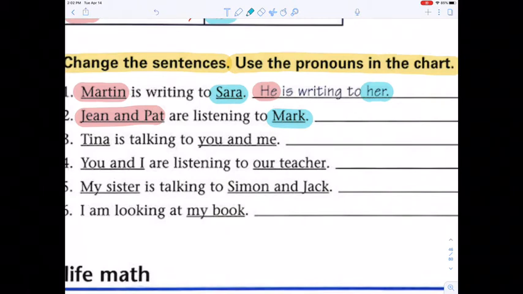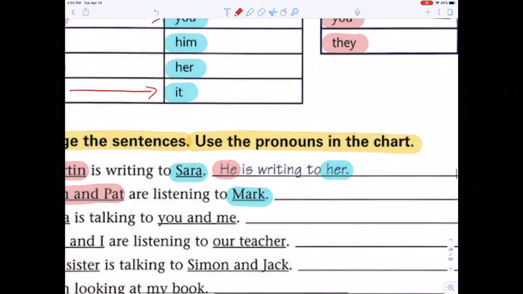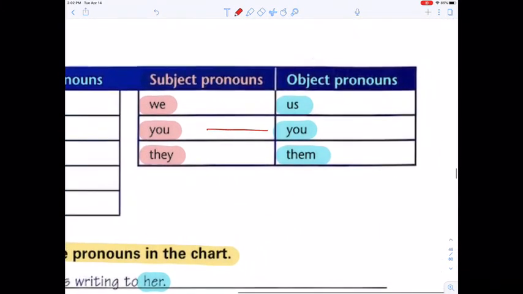Who are they listening to? Mark. So let's go back to the subject, Jean and Pat. How many people? 2 people. So what's a good subject pronoun for 2 people? They.